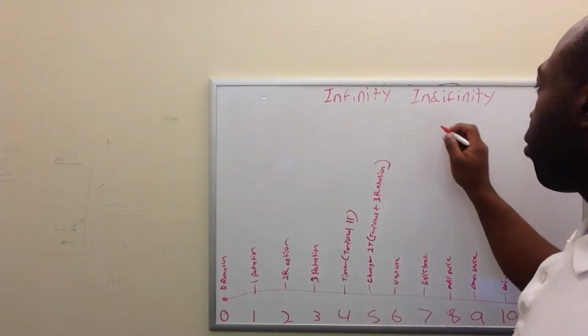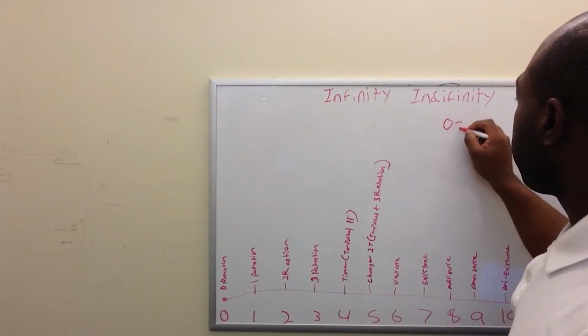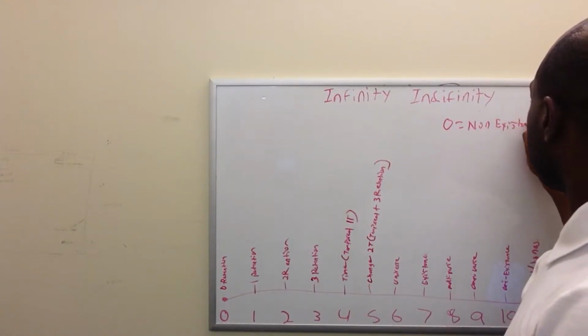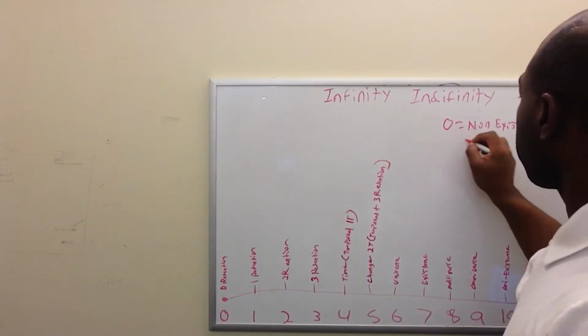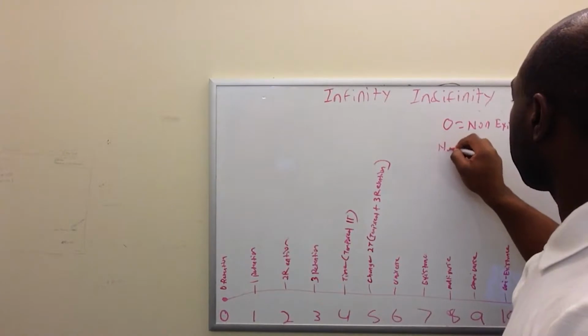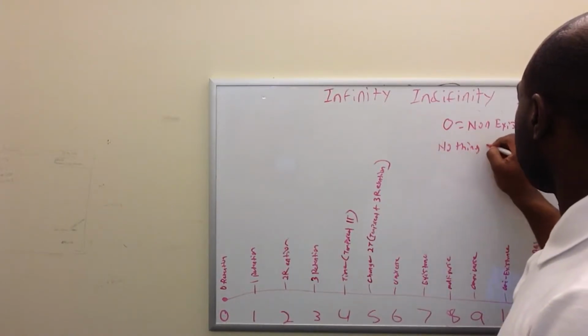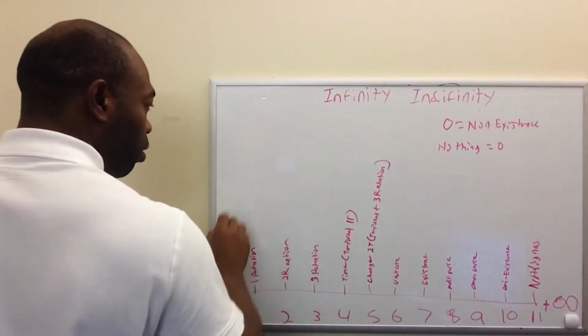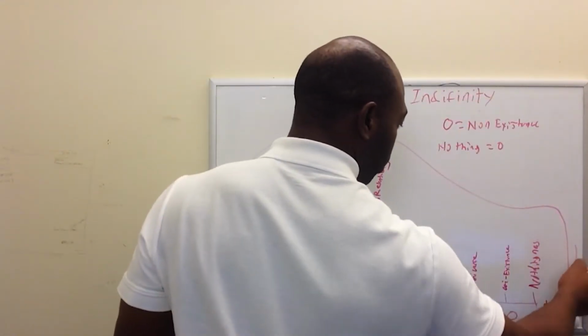If zero dimensions is equal to non-existence, and no thing is equal to zero, then our retention state should start here, right?